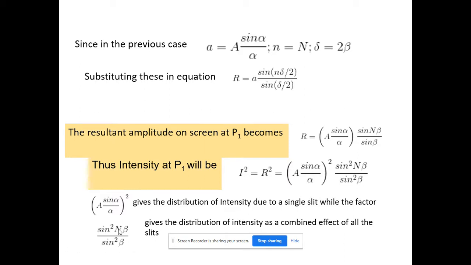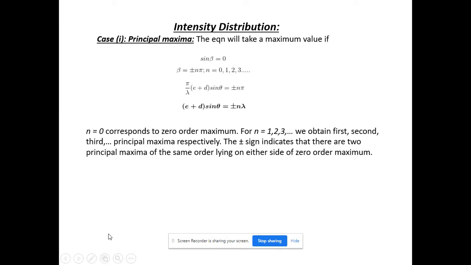If you put n equal to 1, this term will cancel out, and the intensity becomes that due to a single slit. So this term is the distribution of intensity as a combined effect of all the slits, and it is usually referred to as the interference term. So in this formula of intensity, there are two terms: the diffraction term, and the second, the interference term.